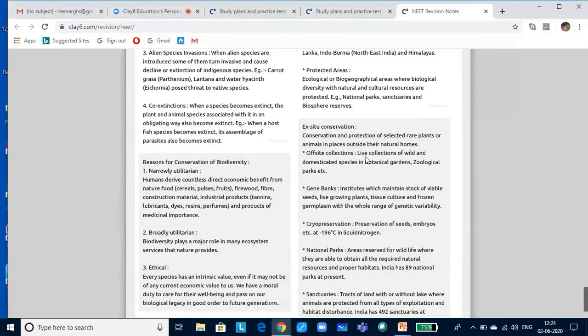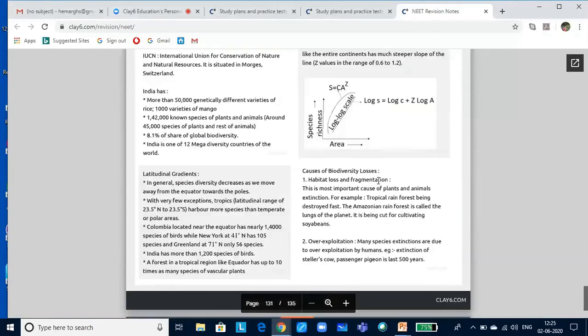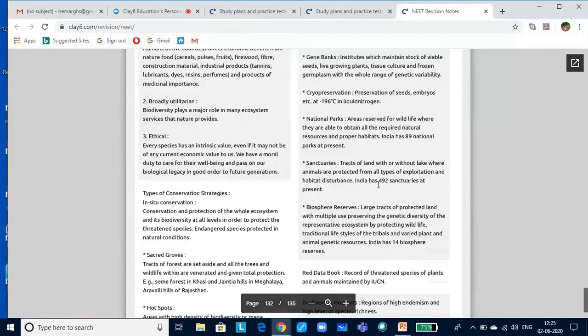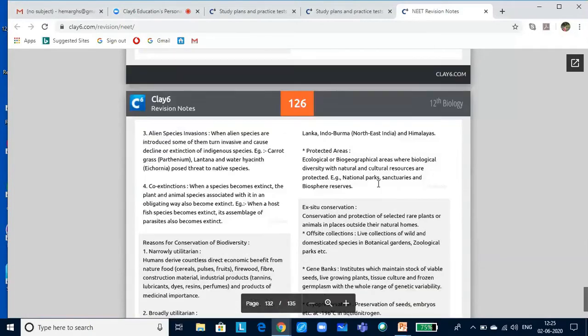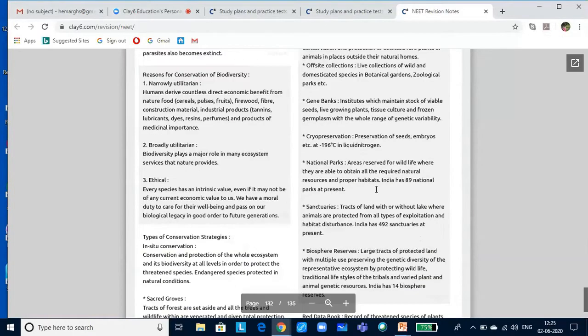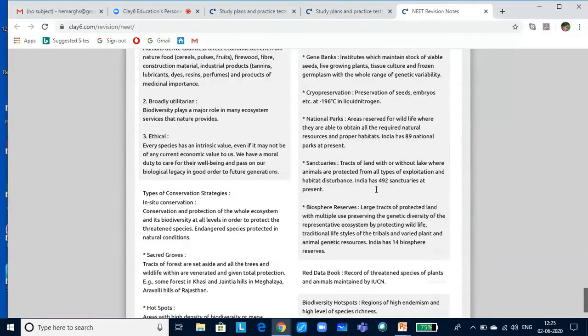Now let us look into the different modes of conservation that are seen. So what is the Convention on Biological Diversity?